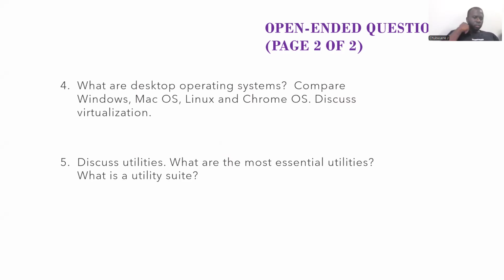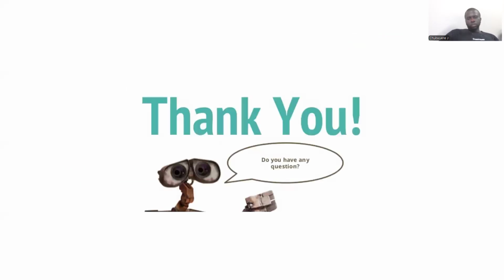What are desktop operating systems? Compare Windows, Mac, Linux, Chrome, and discuss virtualization. Discuss utilities. What are the most essential utilities? What is a utility suite? So these are different questions that will assist you to master this chapter.